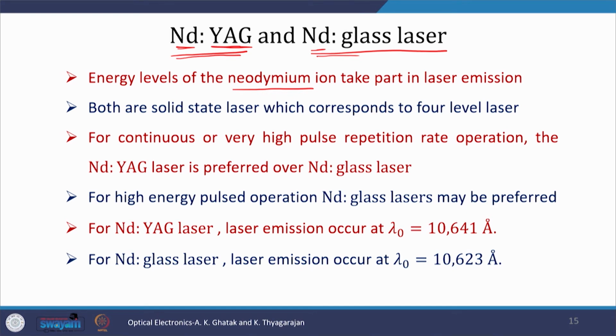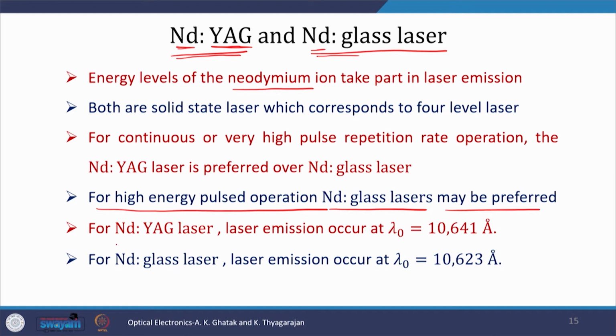Now, the Nd YAG laser has a relatively smaller line width, and therefore for continuous or very high pulse repetition rate operation, the Nd YAG laser is preferred over the Nd glass laser. Since the line width of the Nd glass laser is large, for high energy pulsed operation, Nd glass lasers may be preferred.